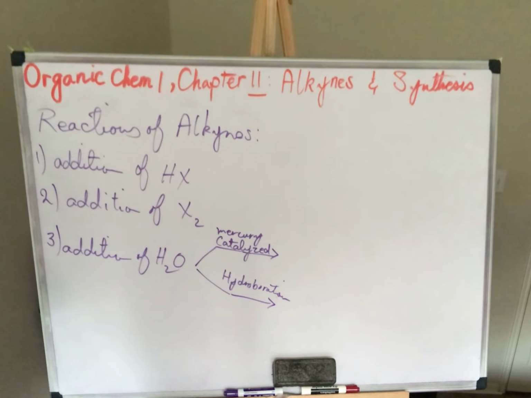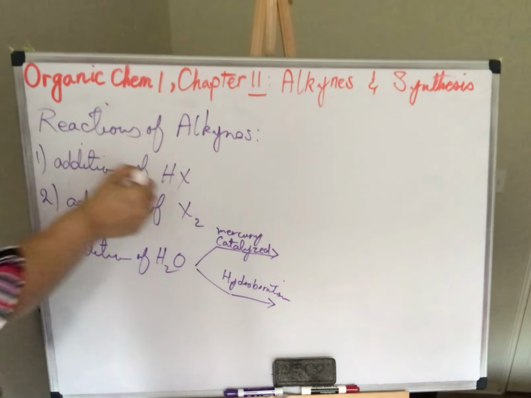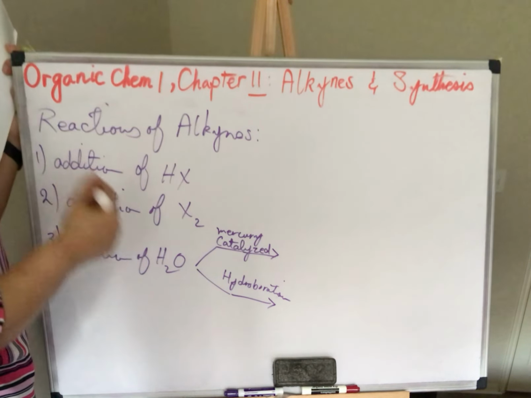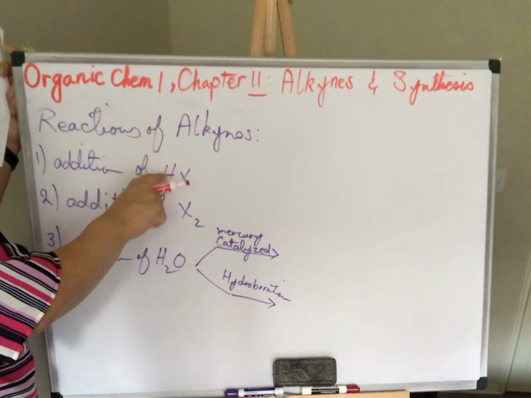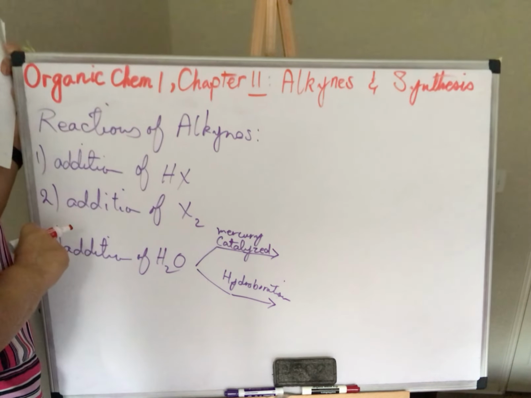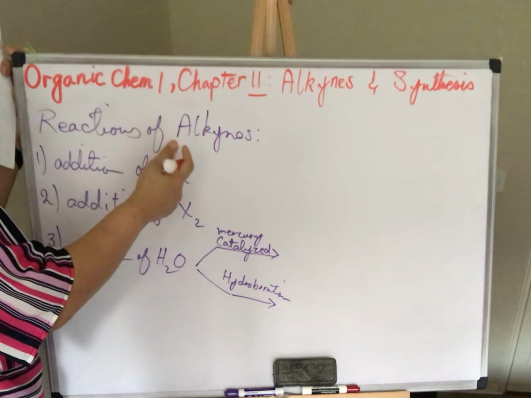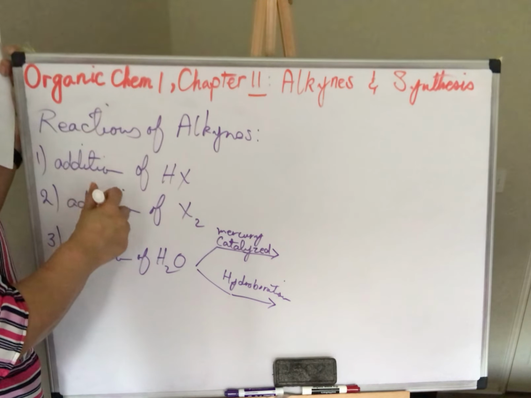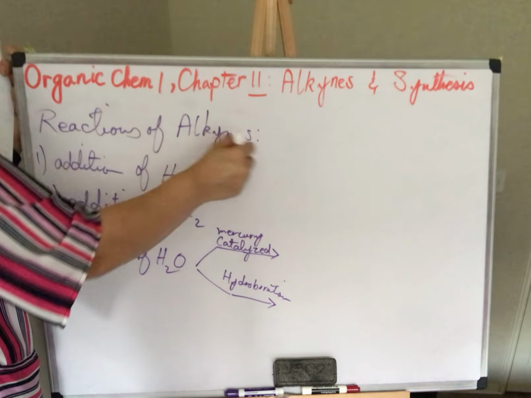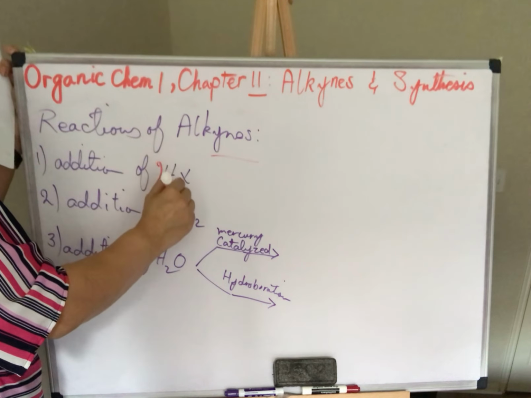So, before we start, for the addition of HX and X2, if you remember, we just needed 1 mole of each to react to add them to the double bond for alkenes. But for alkynes, we need 2 moles of each.